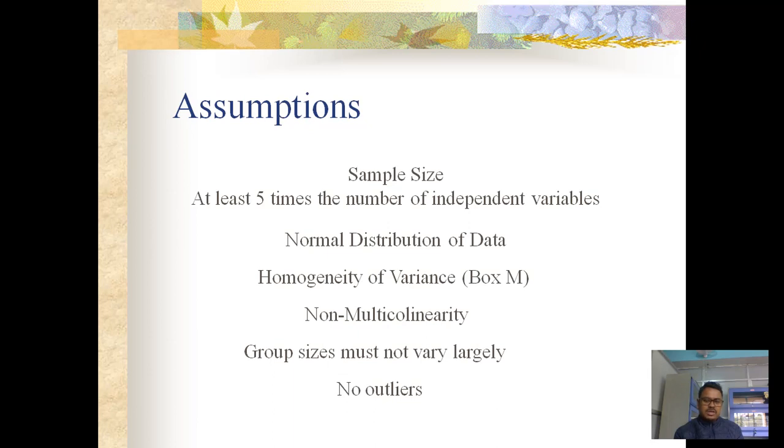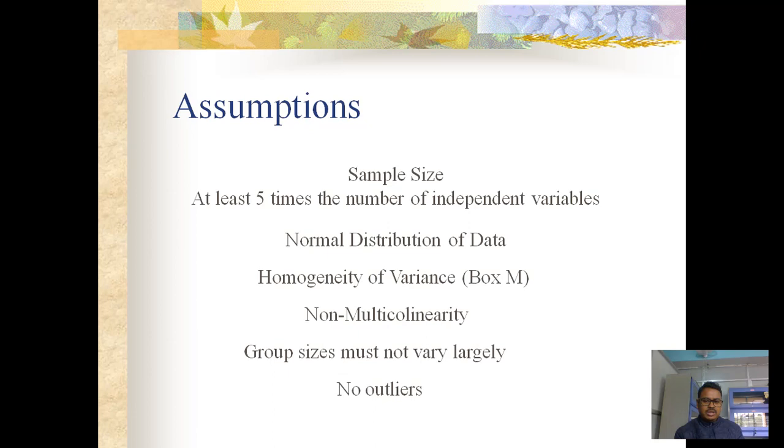Also, there is a test called homogeneity of variance, which is tested by Box's M. That has to be met in order to perform a linear discriminant analysis. Homogeneity of variance means that equal variance between the two groups has to be ensured so that we can do a linear discriminant analysis.